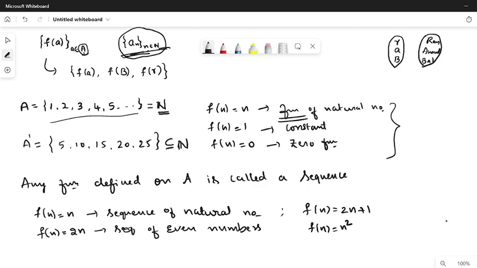Let me see some examples of sequences. Then we shall move on to infinite series.